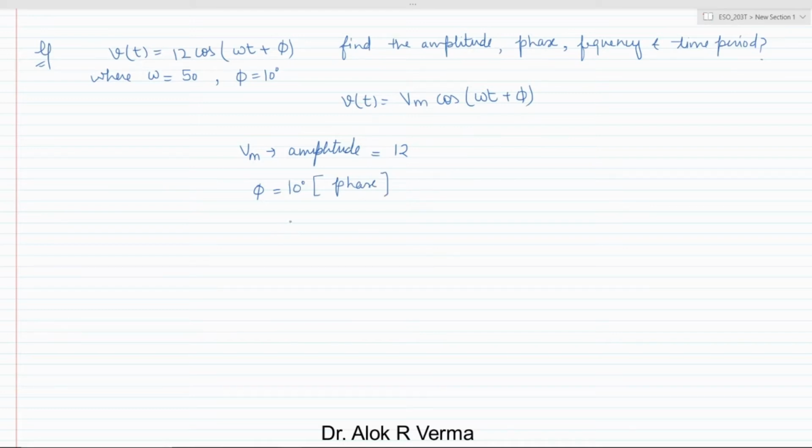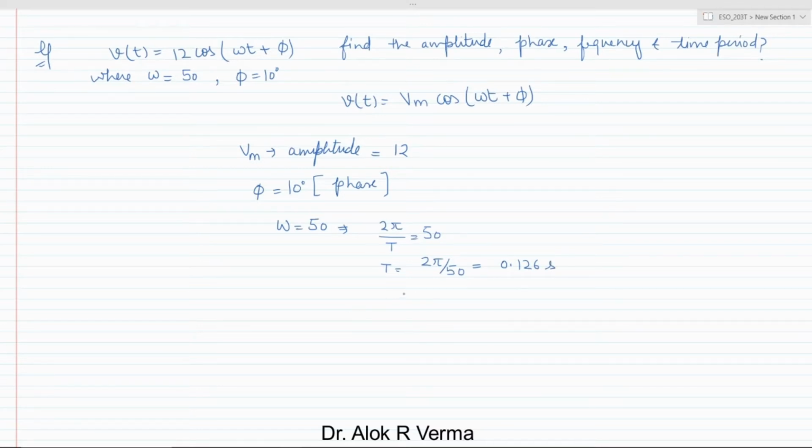Now calculating omega, omega is already given as 50, so from here 2 pi by T is 50, so T is 2 pi by 50, which comes to approximately 0.126 seconds.